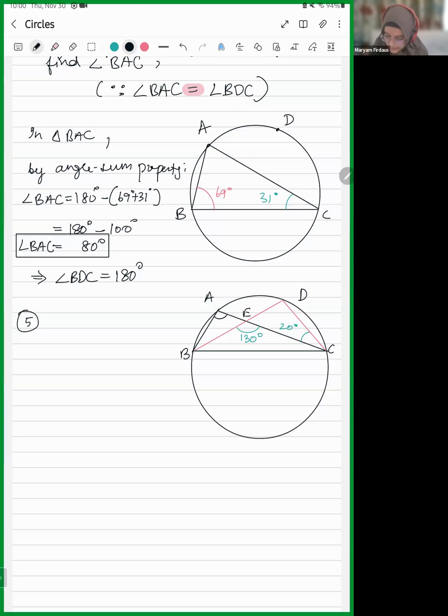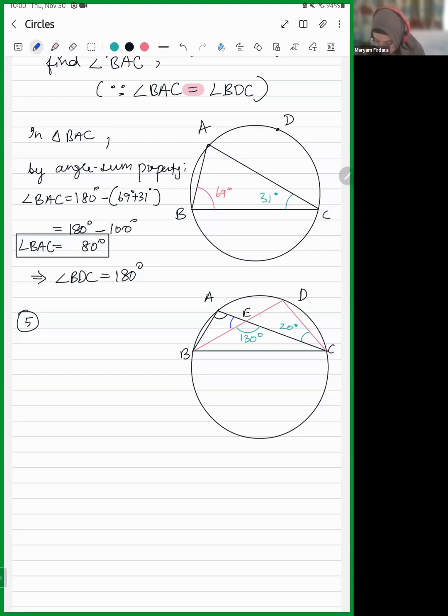So see, if you look at this angle over here, this blue angle, angle AEB. Can we find angle AEB? Angle AEB is going to be 50 degrees.